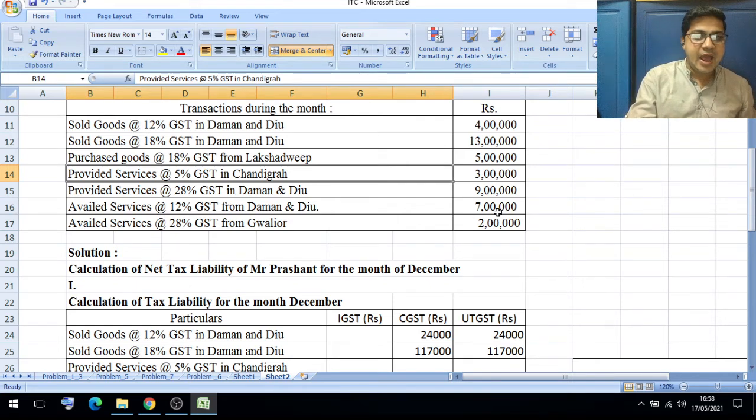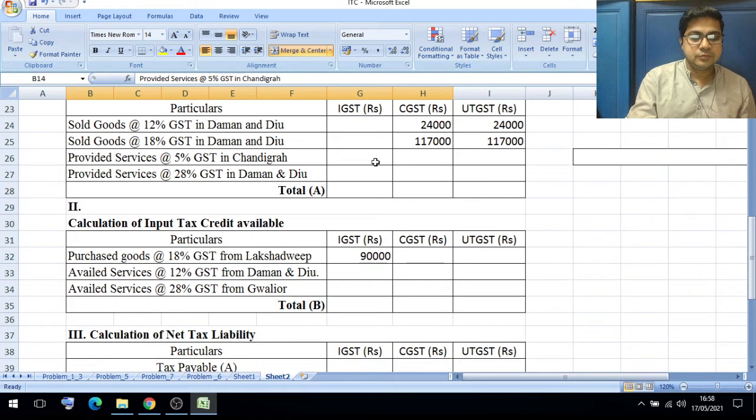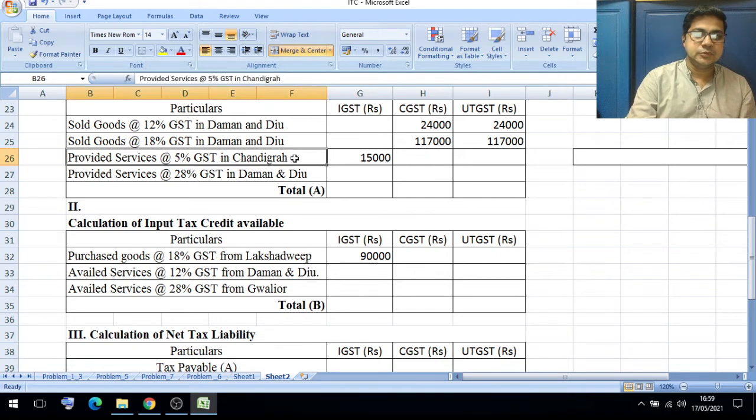So we have to write here, the total value of the transaction is rupees 3 lakhs. We have to apply the 5% rate. The value will be 15,000 IGST. Why is it so? Because the transaction is between the Union Territory and a state, between the Daman and Diu Union Territory and Punjab state. I hope you understood this.